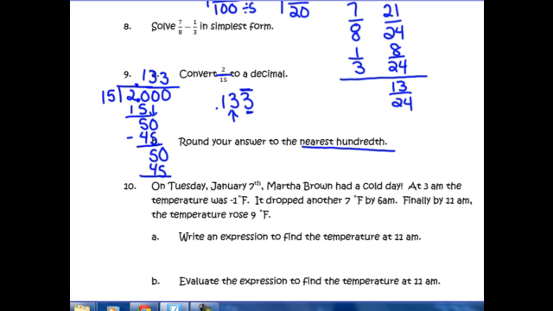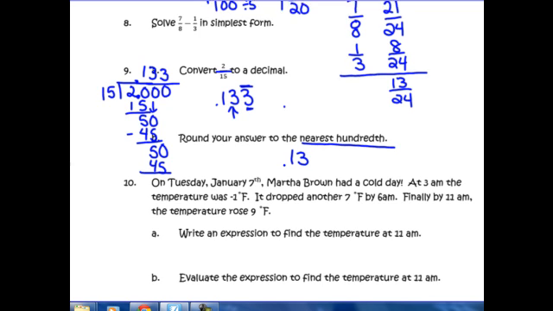And yes, it does keep repeating, but rounding to the nearest hundredth, we're not going to put that bar notation on the answer because this 3 is going to remain a 3 because there's a 3 sitting in the thousandths place. So to the nearest hundredth, my answer would be 13 hundredths. No bar notation on that.